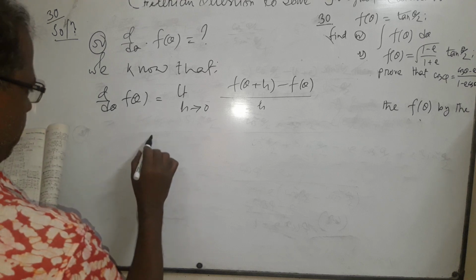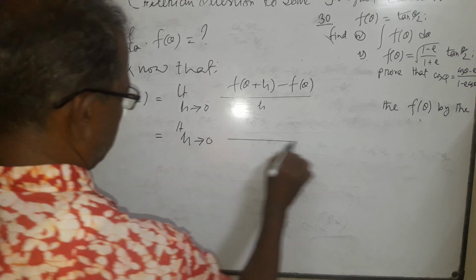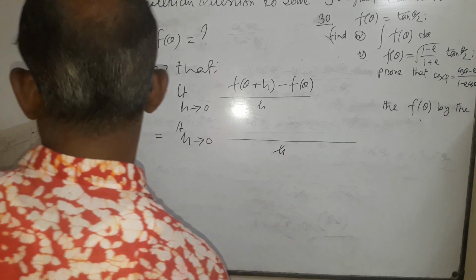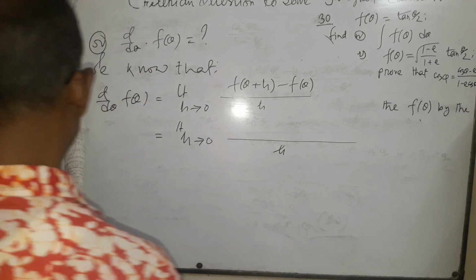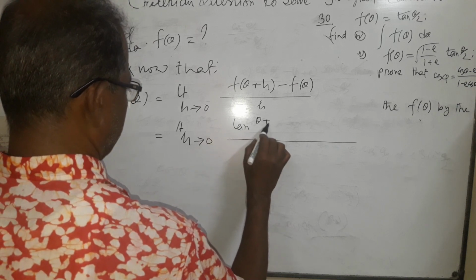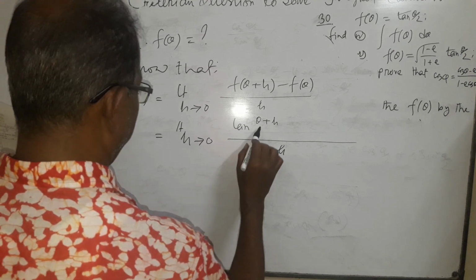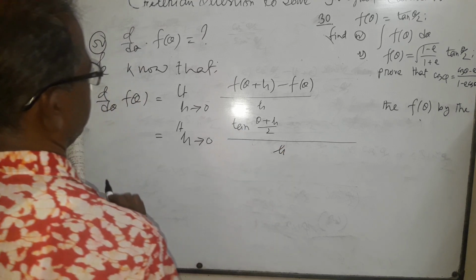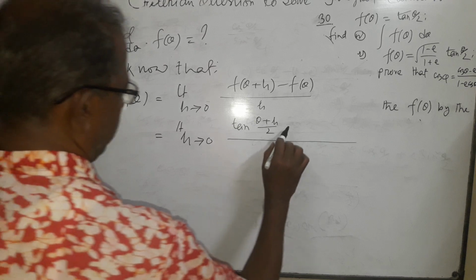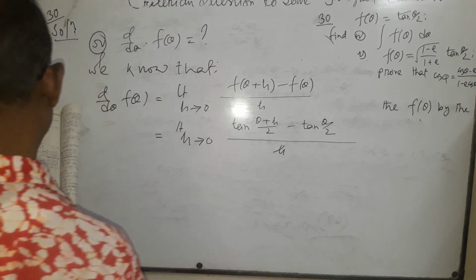That's why limit h goes to 0, f of theta, that means tan of theta plus h divided by 2 minus tan theta divided by 2.